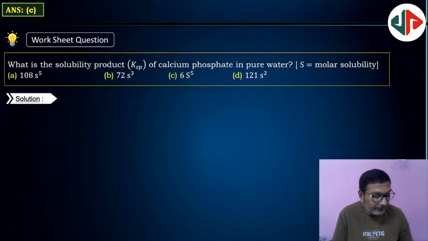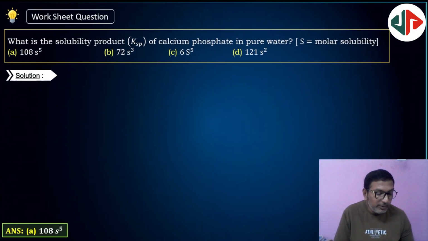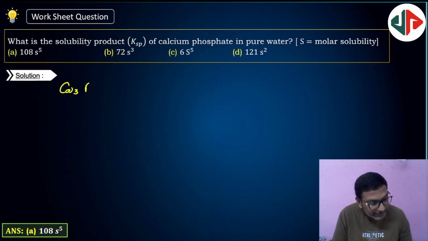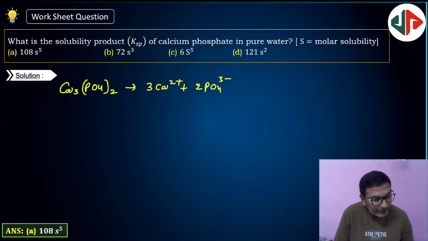Next. So what is the solubility product of calcium phosphate? Calcium phosphate, Ca3(PO4)2. That means 3 Ca2+ plus 2 PO4 3-. So say S is the solubility, it becomes 3S and 2S.